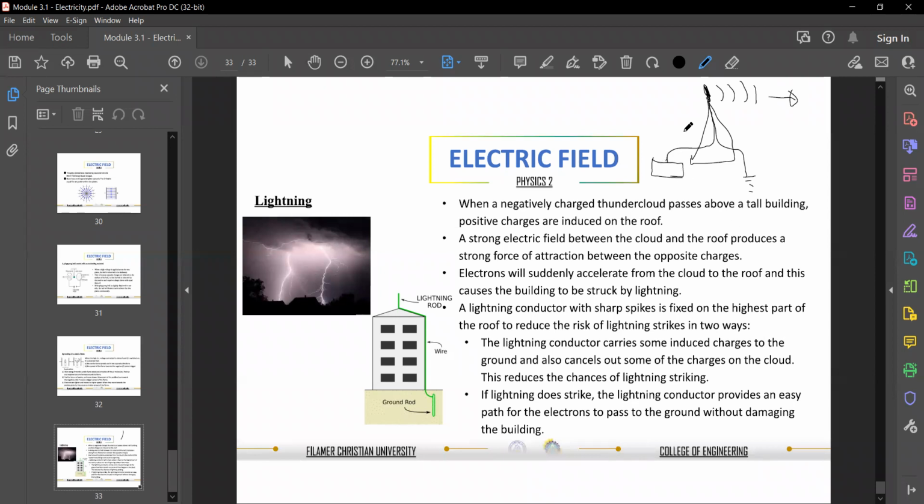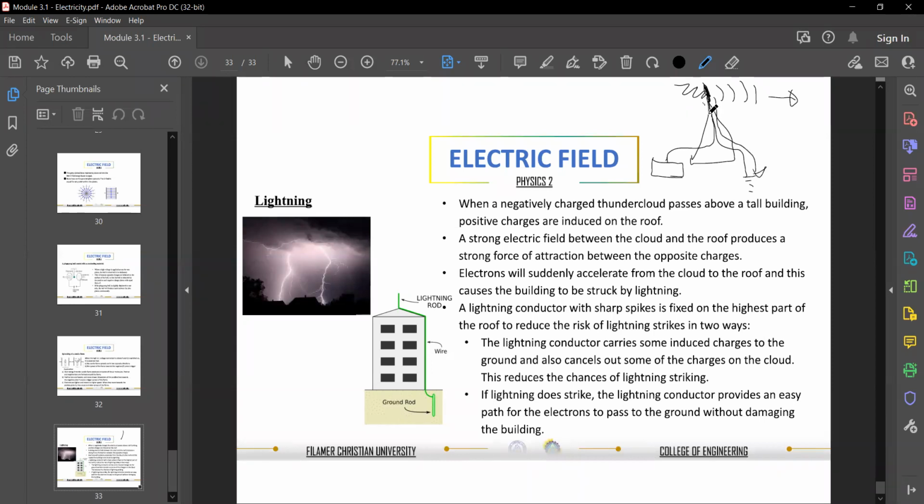Pag natamaan to ng kilat, syempre, yung kuryente, dadaloy yan kung saan yung mas mabilis or kung saan yung mas madaling daanan. Diyan siya papasok. Okay? So yung lightning rod na to na naka-ground, ito yung best path niya na pupuntahan.